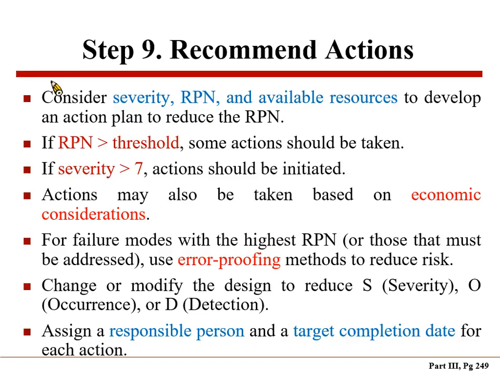Okay, if the RPN is larger than some threshold, maybe we should do something. And maybe if the severity is larger than 7, we also should take some action. Okay, but all actions should be taken based on economic consideration.